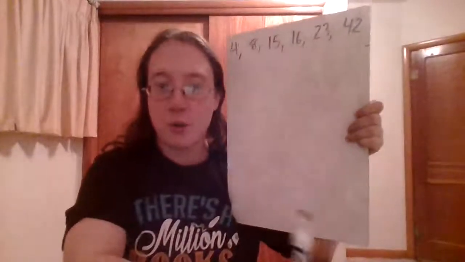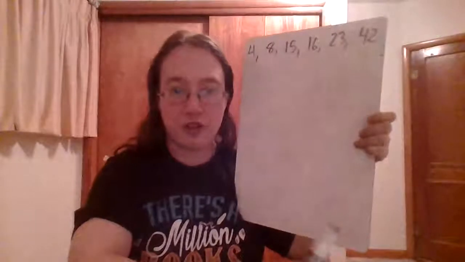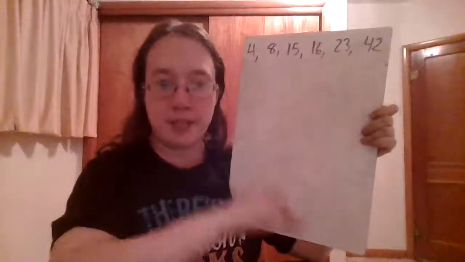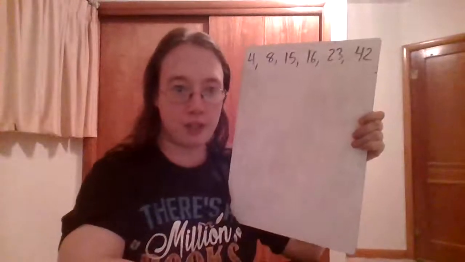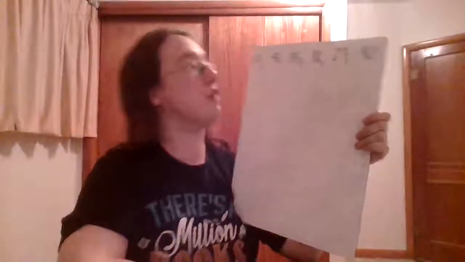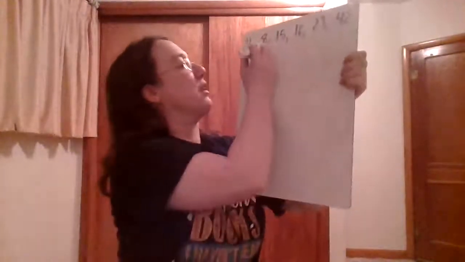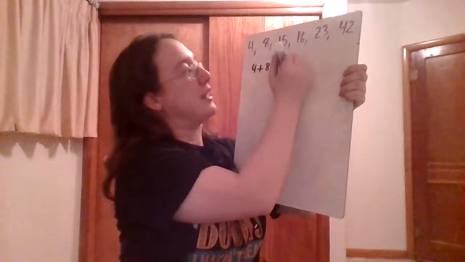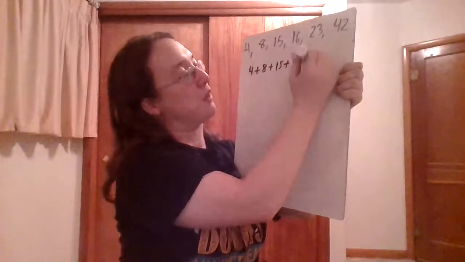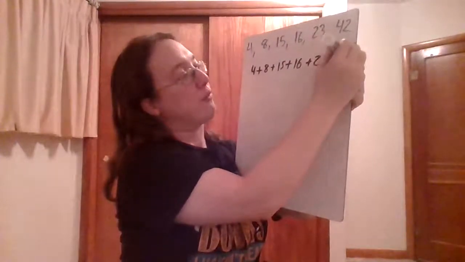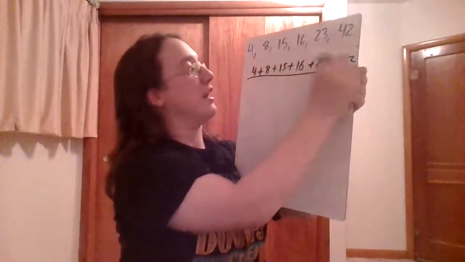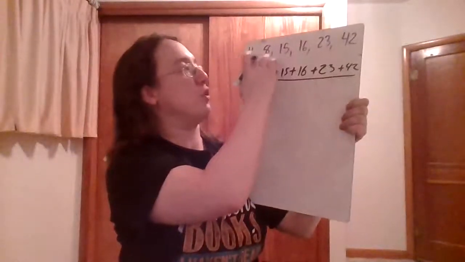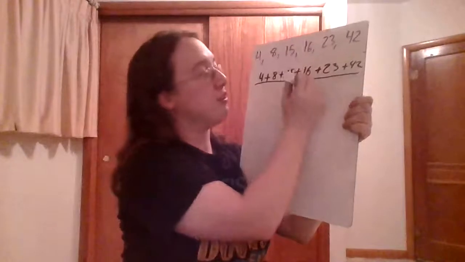Okay, so we're going to first of all find the mean. So your first step is we want to find the mean of those numbers. And remember the mean, median, mode, mean, we want to add up all our numbers and then divide by our number of numbers. So we're going to find the mean, so we're going to go 4 plus 8 plus 15 plus 16 plus 23 plus 42. And then we're going to divide by our number of things, which happens to be 6. 1, 2, 3, 4, 5, 6 numbers.